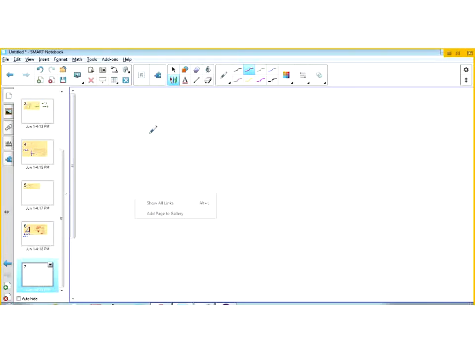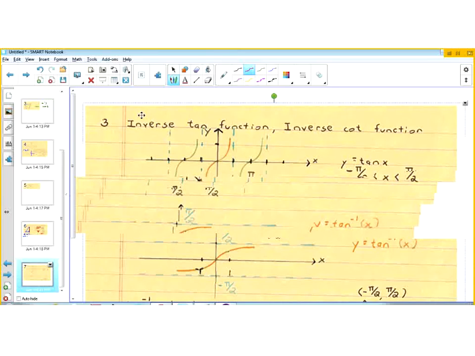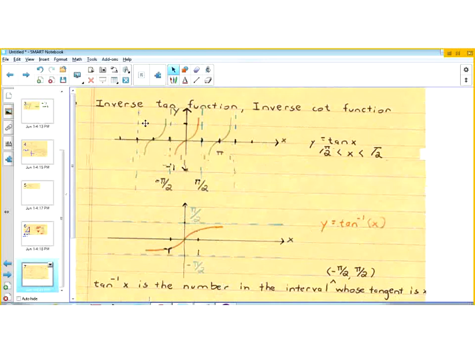And what do we mean by inverse tan function? We're going to talk about inverse tan first, and then we'll talk about inverse cotangent.